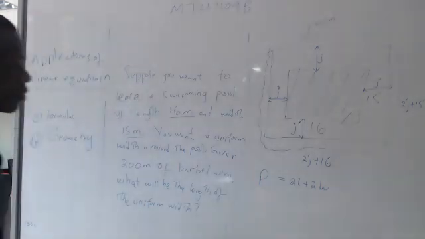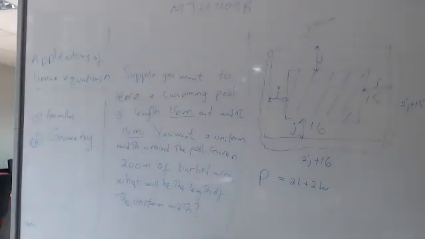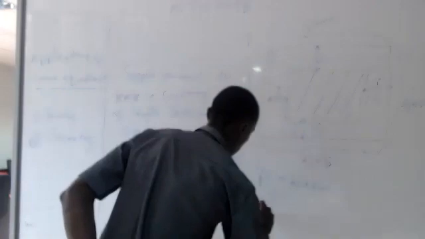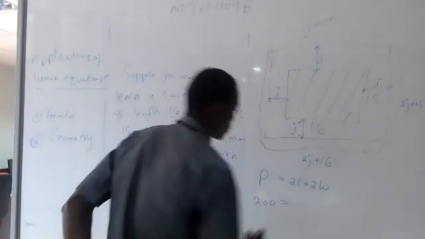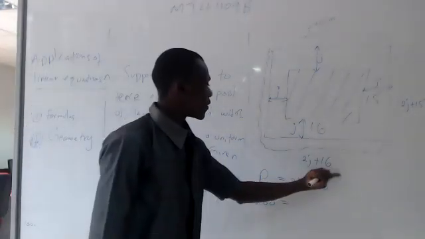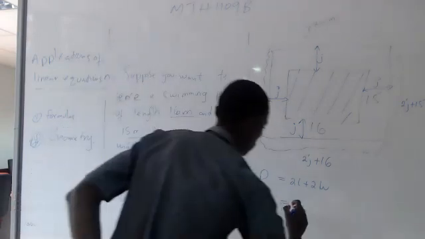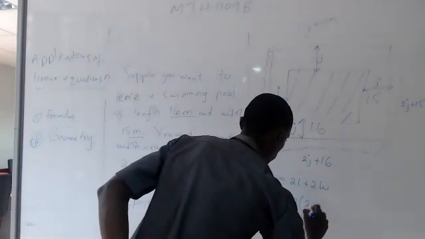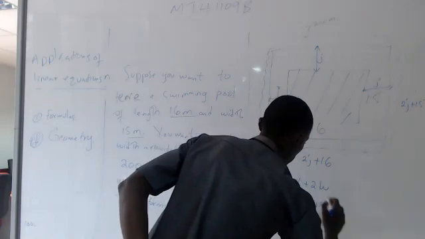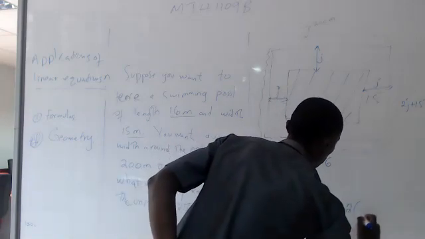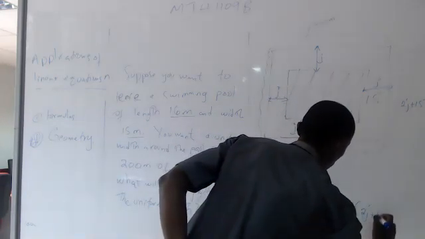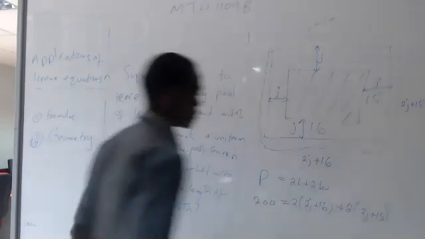So we require that 200 must be twice the length plus twice the width. So this should be 2 into (2J plus 16) plus 2 into (2J plus 15).